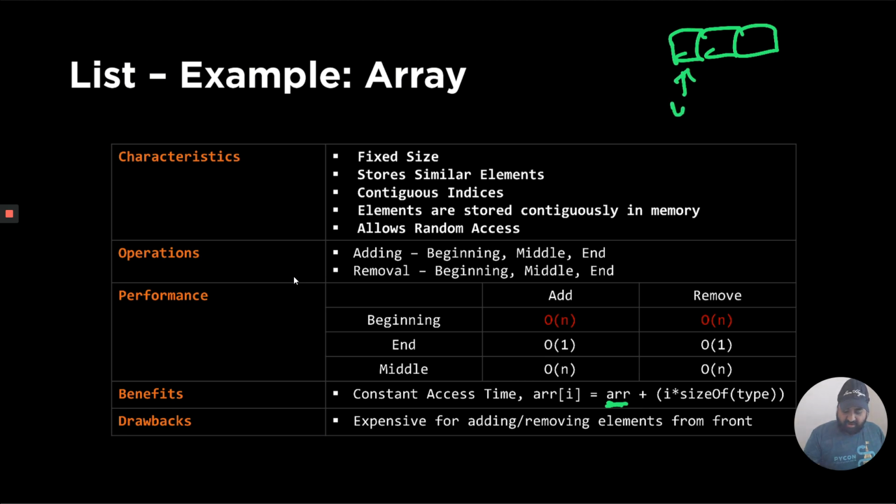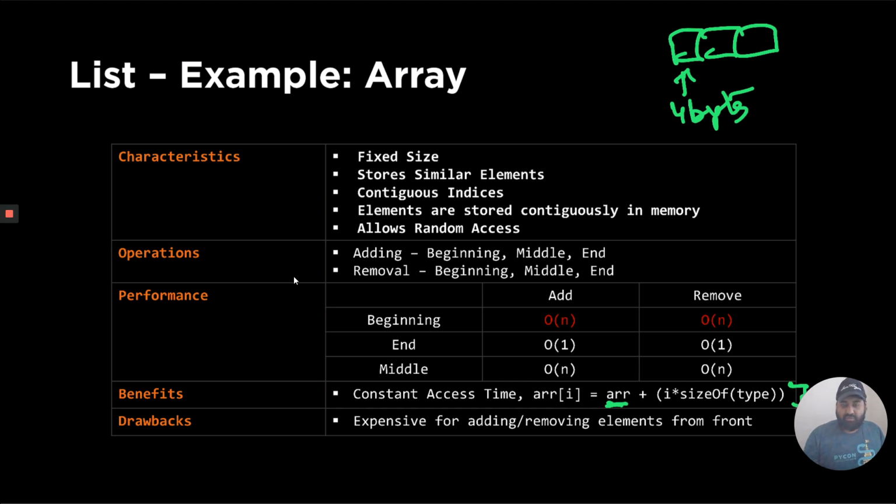Let's say it's 4 bytes. If we just do i times the size of this location, we can go to any particular index in constant time, because this equation allows us to go to any index in the array as it's contiguous in memory. So that's one big benefit of it.